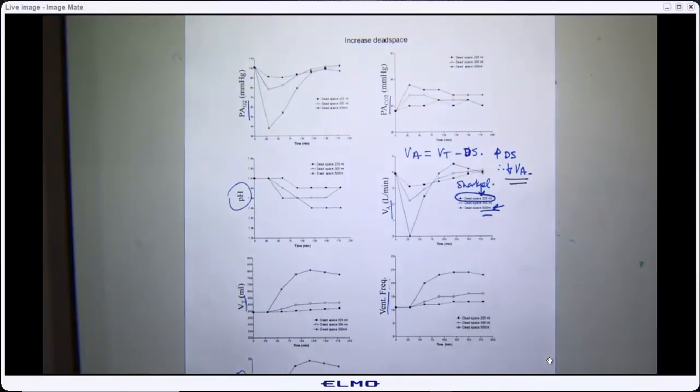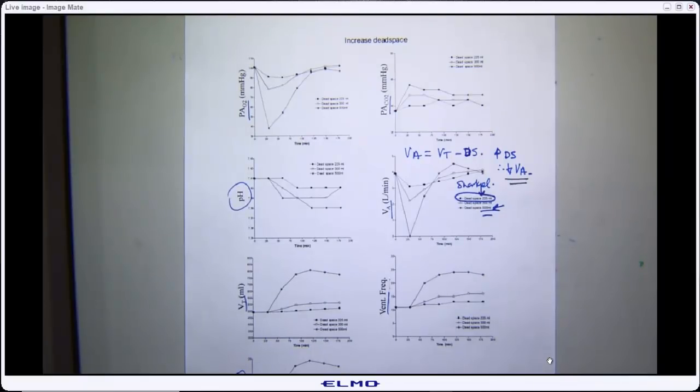Okay, so what we have essentially here is a drop in alveolar ventilation because we have more dead space, right? So we're bringing in air that's already been pre-equilibrated. We're bringing in air that's already been at the alveolus. It's already exchanged its oxygen and unloaded CO2.